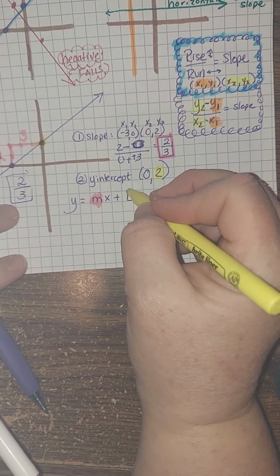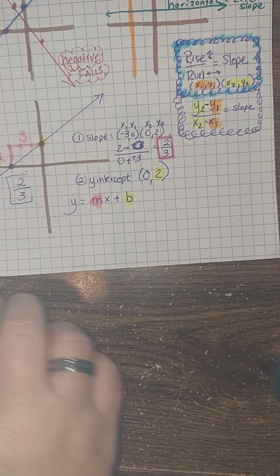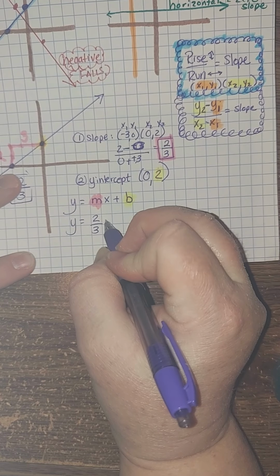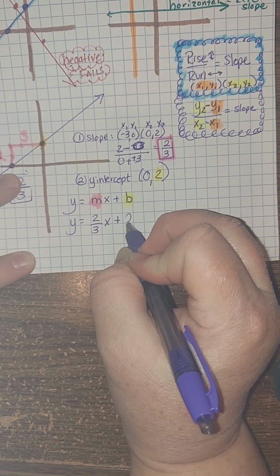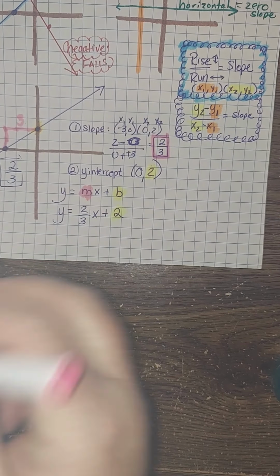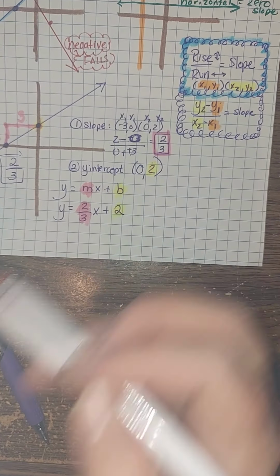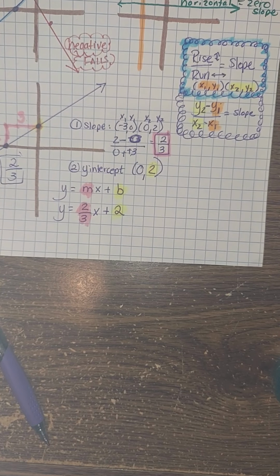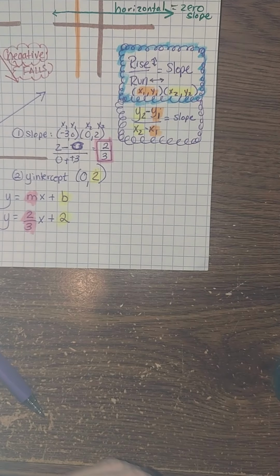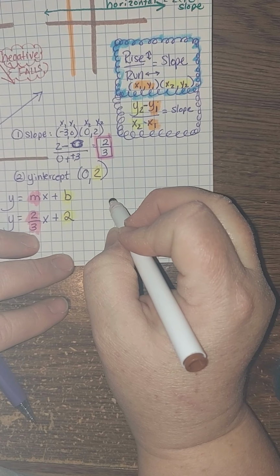Okay? So here we go. y is equal to 2/3 x plus 2. Okay? All right. Let's try another one.